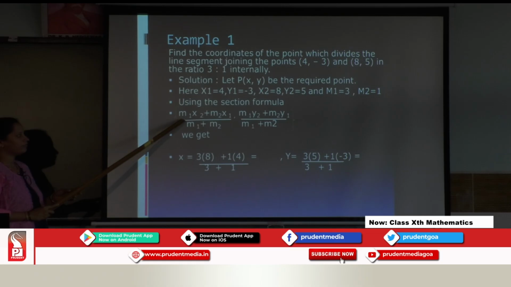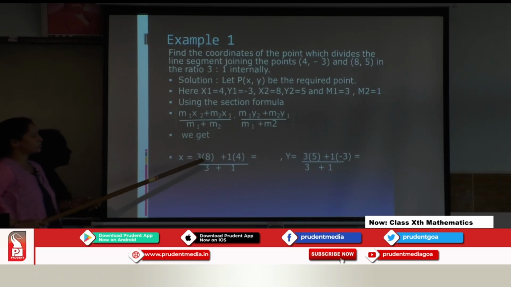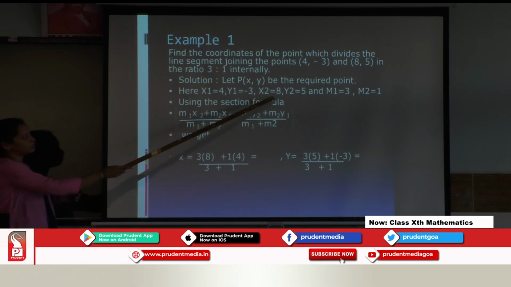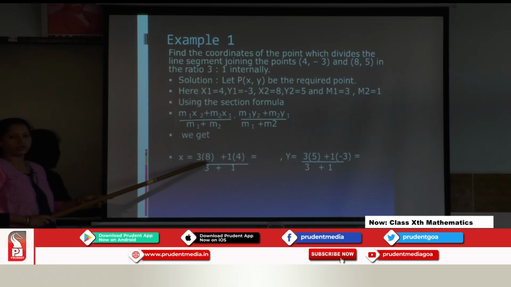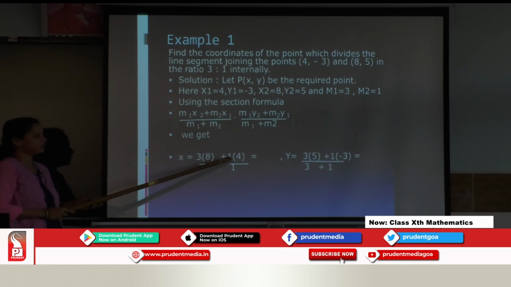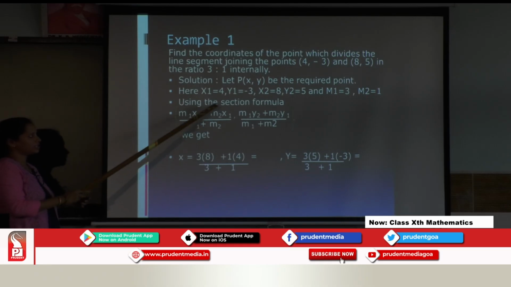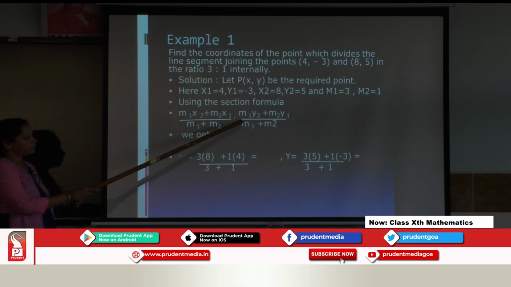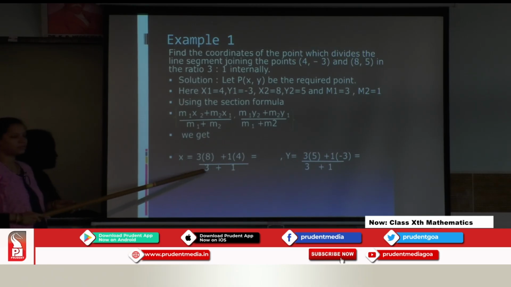So now here M1 is equal to what? M1 is equal to 3, so here we will write 3. Then X2 is equal to 8, so 3 into 8 plus M2 is equal to 1, so we will write here 1. X1 is equal to 4, so 4. Then M1 plus M2 is 3 plus 1.